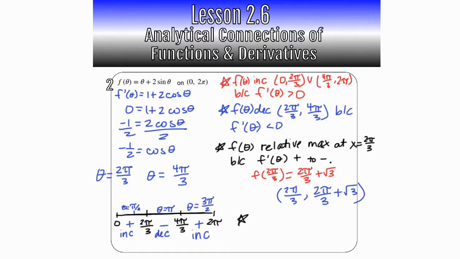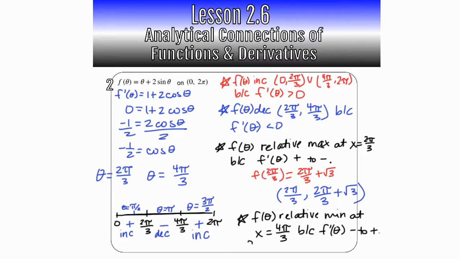And then lastly, f of theta has a relative min at x is equal to 4 pi over 3. Why? Because f prime of theta goes from negative to positive.